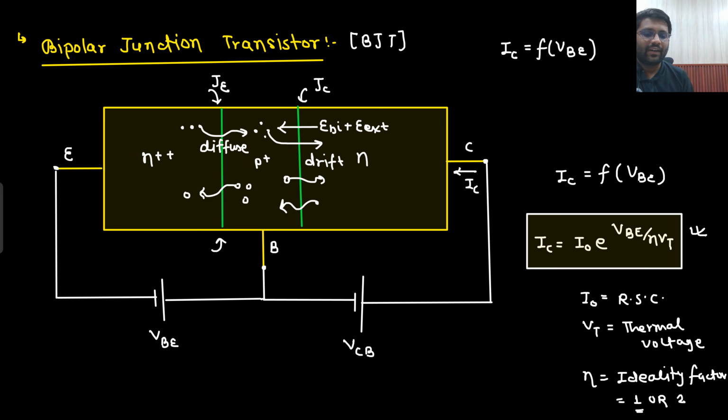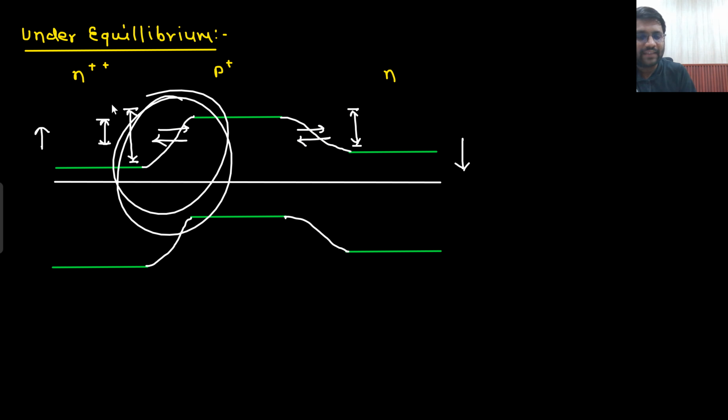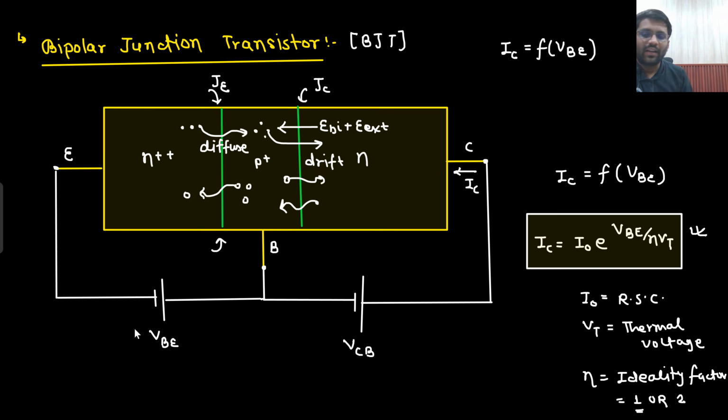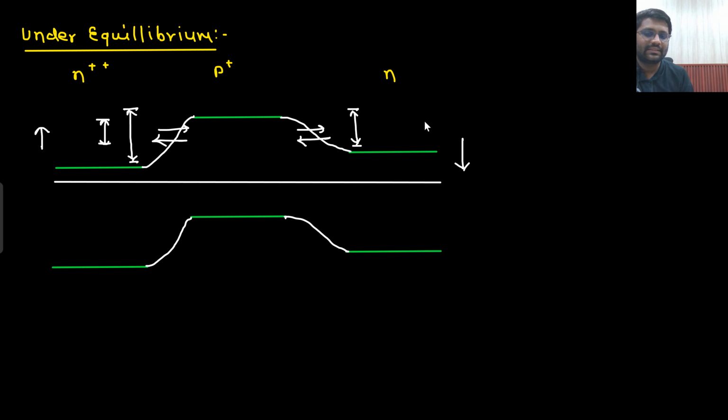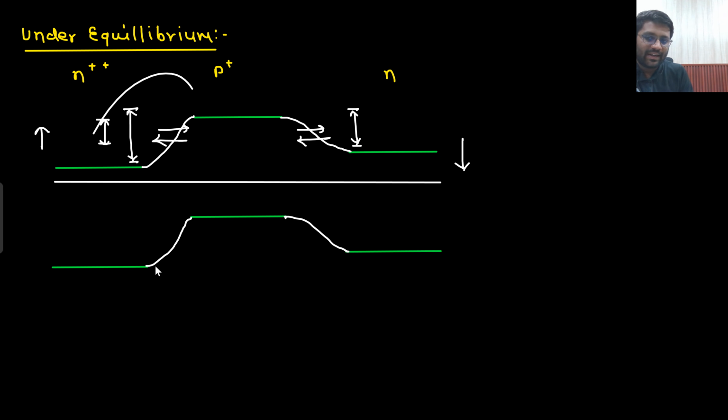Now let's say I did not apply this VBE. If this VBE was not there and I only made a reverse bias, then what would have happened? This barrier would have increased, but this barrier would remain as it is. I am not applying this VBE, I am only applying this VCB. If you only apply this VCB, which is reverse bias, then this barrier will increase, but this barrier would remain as it is, under equilibrium.